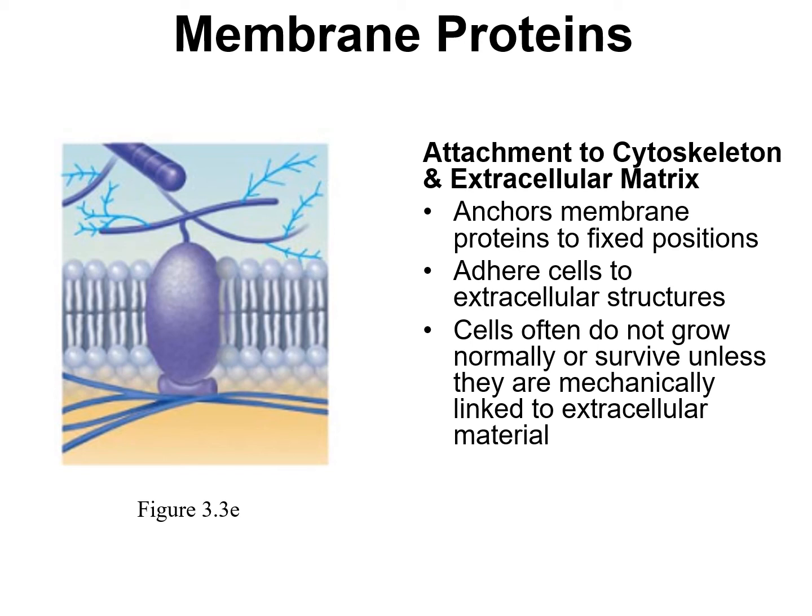These attachments help anchor the membrane proteins to fixed positions, which can be important in maintaining the shape of the cell and can play a role in cell movement, etc. Also, cells often do not grow normally or survive unless they're mechanically linked to extracellular material. So these attachments to the extracellular matrix are very important.